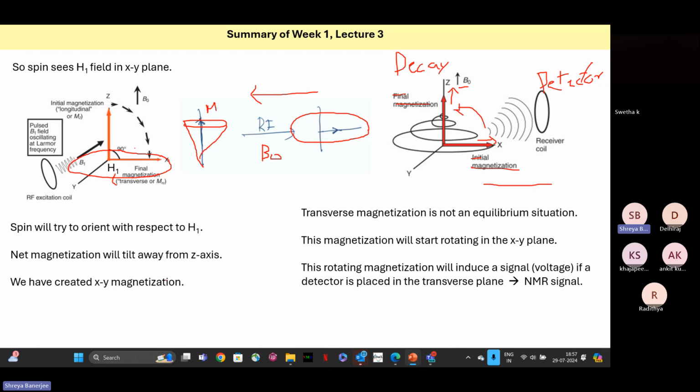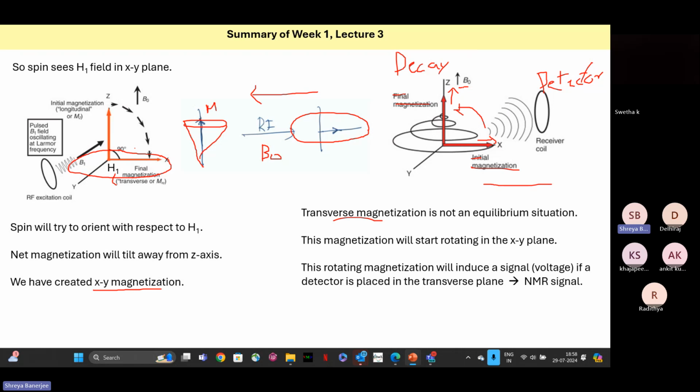So again, I will repeat the process. Initially the magnetization is only along Z. When B0 is applied, XY magnetization is created. But this XY magnetization, also known as transverse magnetization, is not an equilibrium situation. It will only persist as long as B0 is applied.